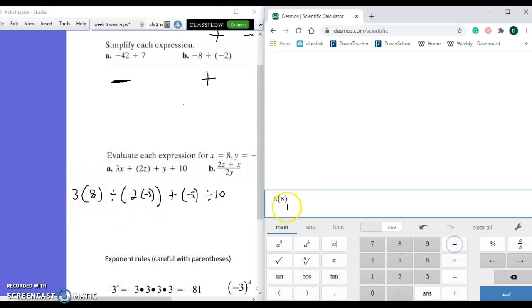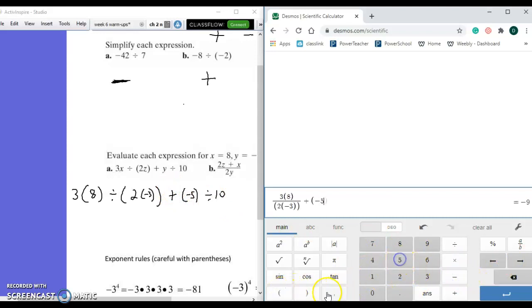Then I'm going to hit my divided by, and that's okay because I'm going to divide it by this. So parentheses 2, parentheses negative 3, and there's 2 out there. Close that out. So now I'm going to go to the right, in my right arrow. I'm going to hit my plus, and then I'm going to do my negative 5, parentheses, and then I have my divided by 10. So I can leave it like that. That's good. This is a negative 4.5 or a negative 9 over 2 as our answer.